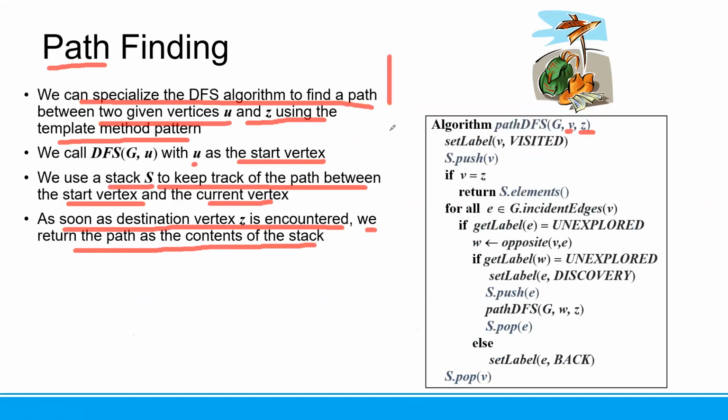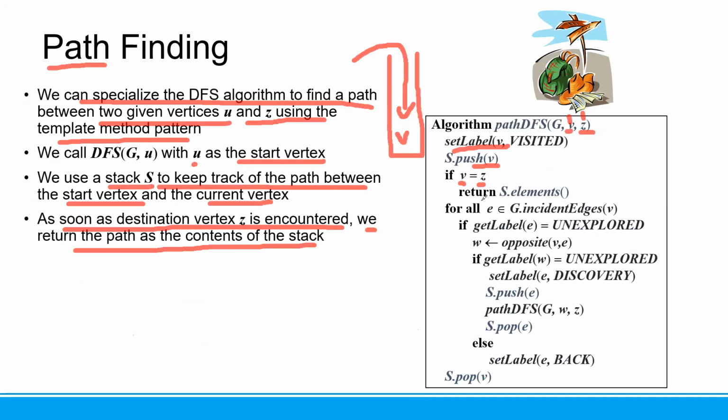So if you use the stack, you set the label visited, and then you push v. If v equals z, it means if the starting vertex equals the ending vertex, then finish.